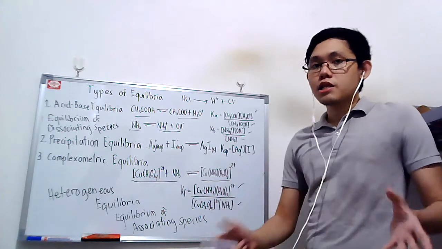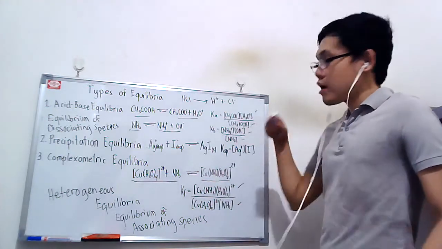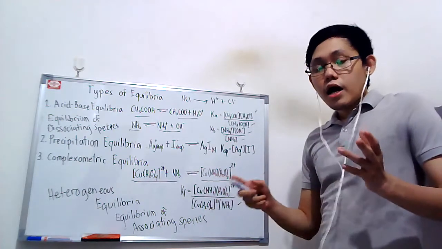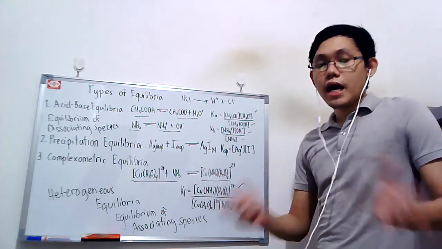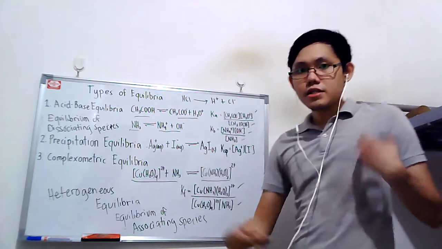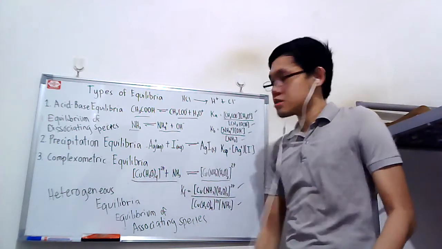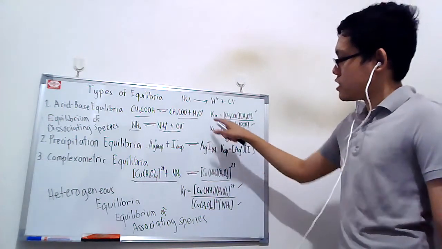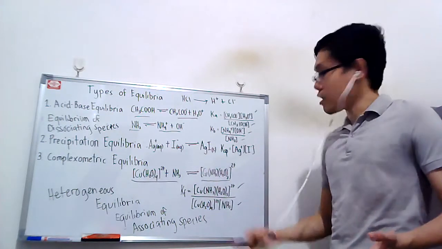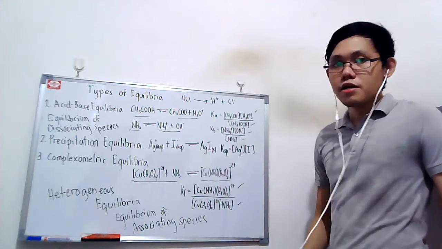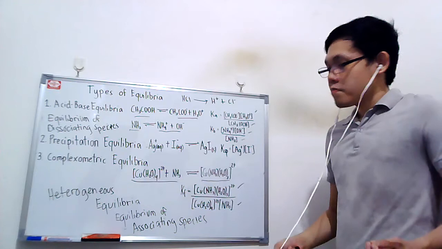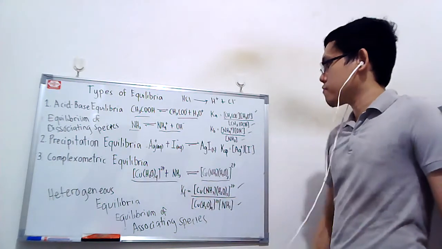Meron silang tatlong types ng equilibrium constant na nagre-relate sa mga concentration ng participating ions. Sa acid-base equilibria, meron kang acid and base dissociation constants, Ka at Kb. Sa precipitation equilibria, meron kang solubility product constant, K sub Sp. And then, sa complexometric equilibria, meron kang formation constant, Kf.